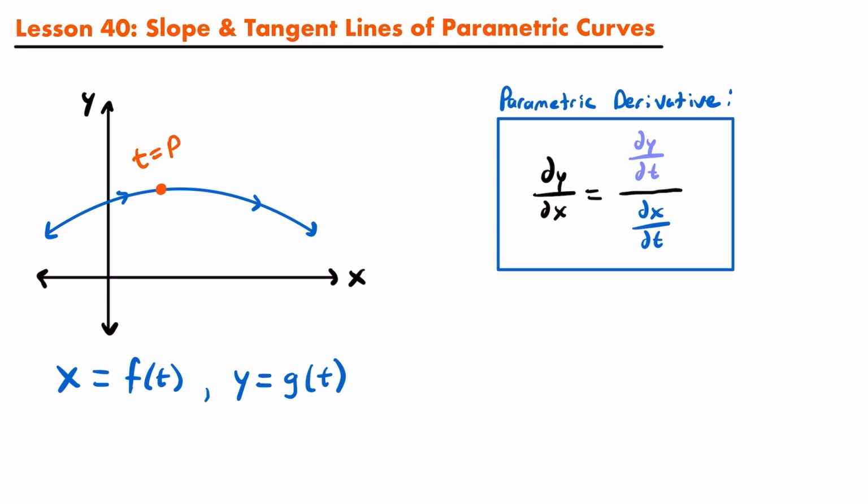Remember that for a set of parametric equations, you can find the parametric derivative dy/dx by taking dy/dt and dividing it by dx/dt, where dy/dt is the derivative of y with respect to t, and dx/dt is the derivative of x with respect to t. And so what we can do is find that parametric derivative for that plane curve and then just evaluate that derivative at the value of t for the point where we want to know the slope along that plane curve.